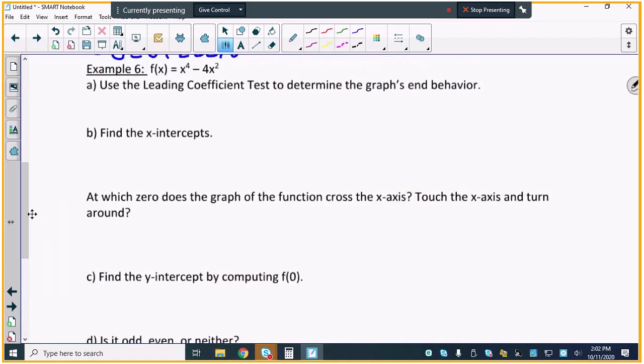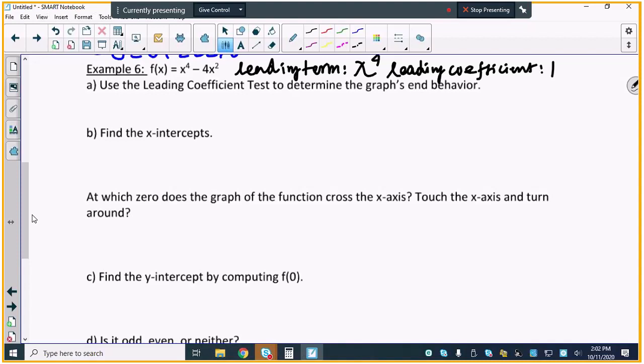Use the leading coefficient test to determine the graph's end behavior. So as we can imagine, we're going to talk about the leading coefficient. So I can write the leading term to start with. That is the highest powered x term. The leading coefficient is the coefficient of this term, and that is clearly 1.